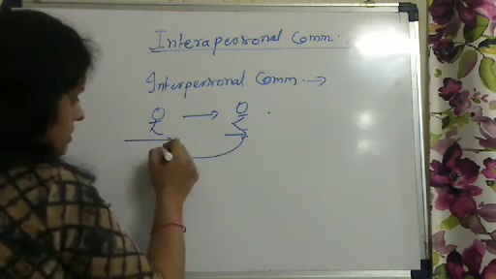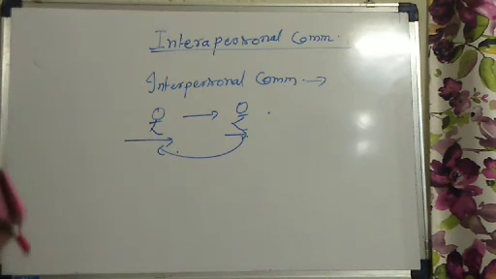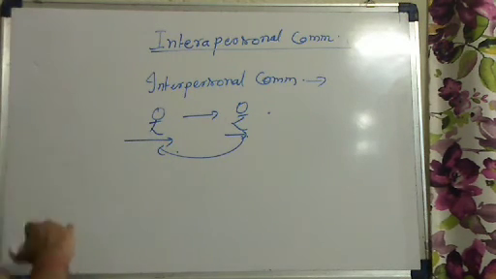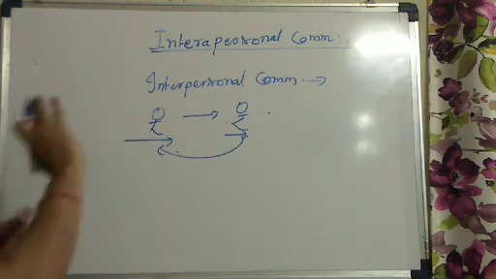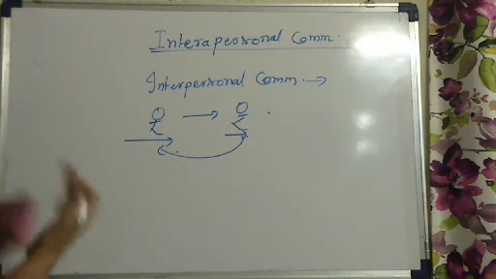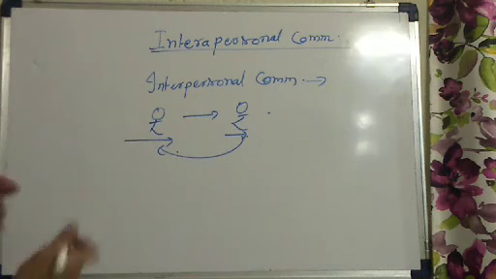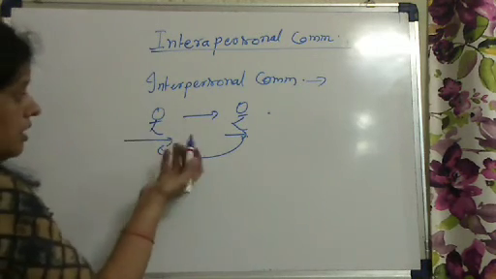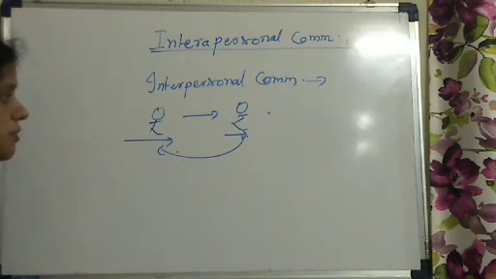Then, after listening to the first person's views and ideas, the other person gives a response in the form of feedback. Then again the first person sends information to the second person, and the second person again sends information to the first. So this cycle goes on.